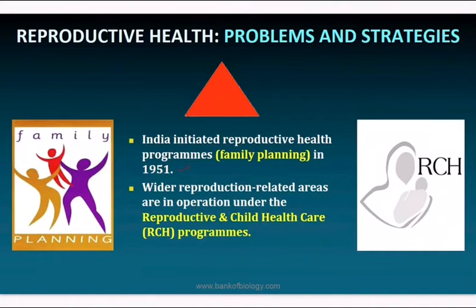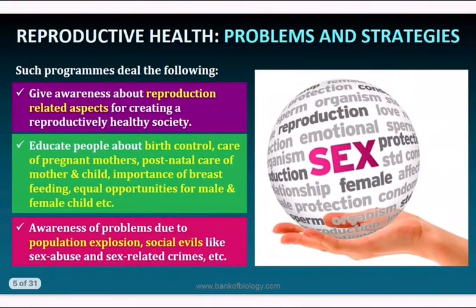So reproductive health, what are the problems and what are the strategies that the Government of India has got, as well as the people? India initiated reproductive health programs, that is family planning, in 1951, way back. So wider reproduction related areas are in operation under the RCH program. As I said, RCH means reproductive and child health care.